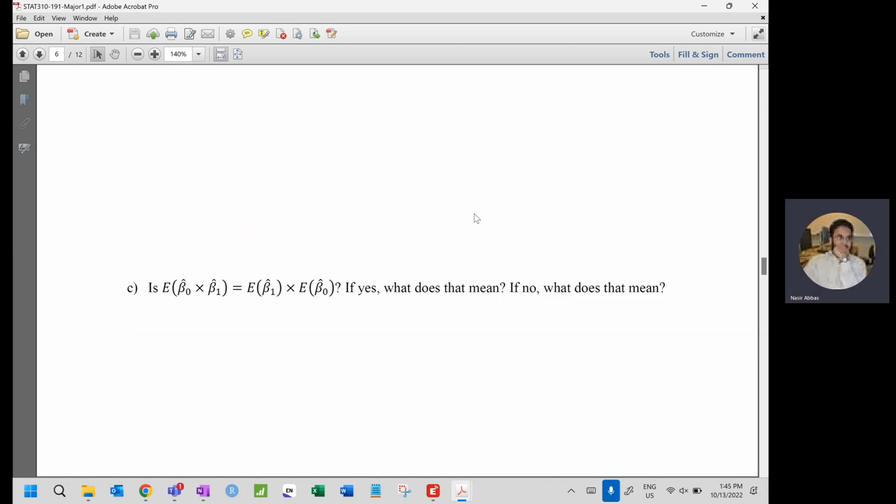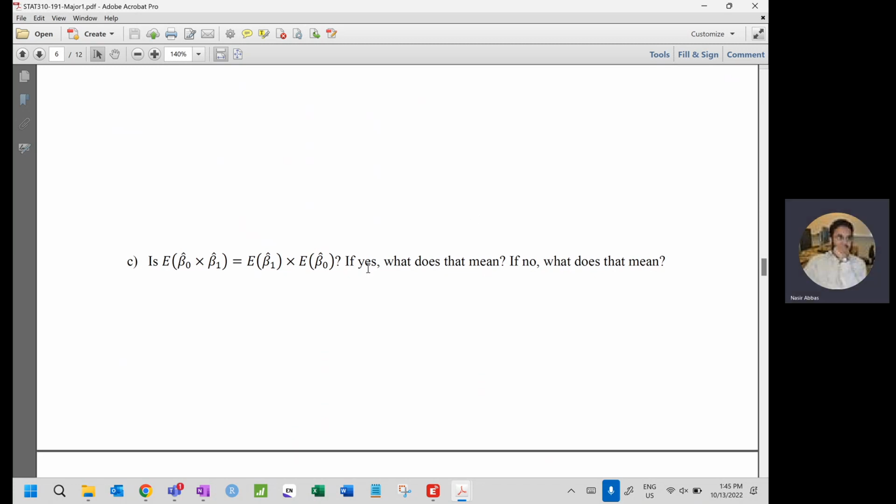Are they equal? But they are not independent. We proved that the covariance is not 0, which means they are not independent. So they are not equal. You will say they are not equal, and the reason is that there is linear dependence between the two of them.